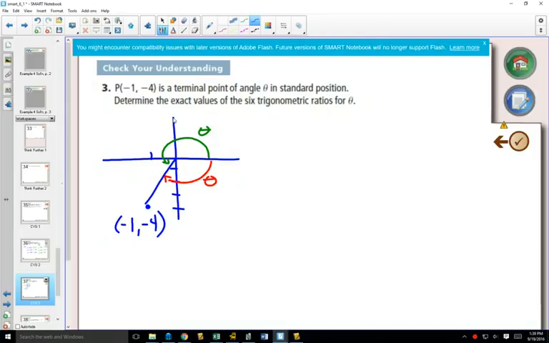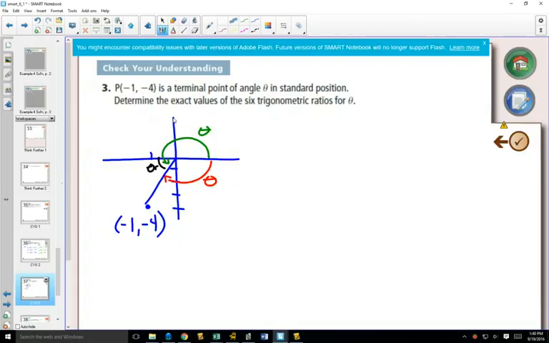Your reference angle is right here. So it doesn't matter which one we choose, because sine, cos, and tan of the reference angle are the same as sine, cos, and tan of the actual angle. The only difference is you have to know your CAST rule to determine if something is positive or negative.